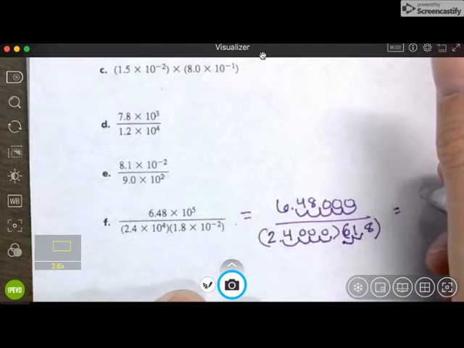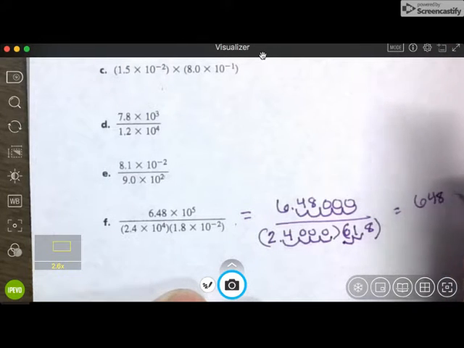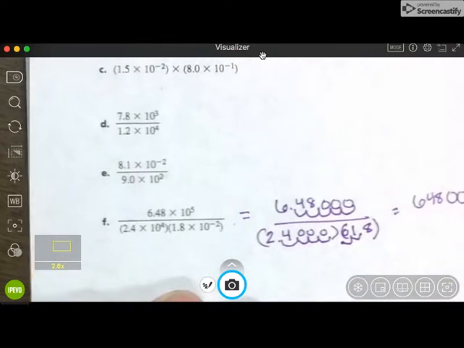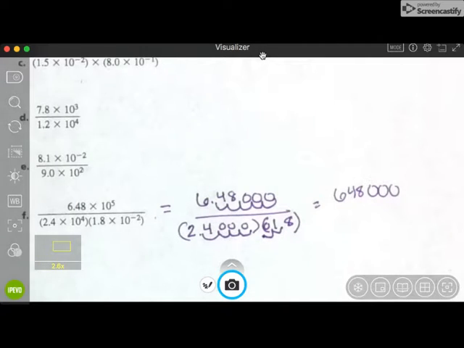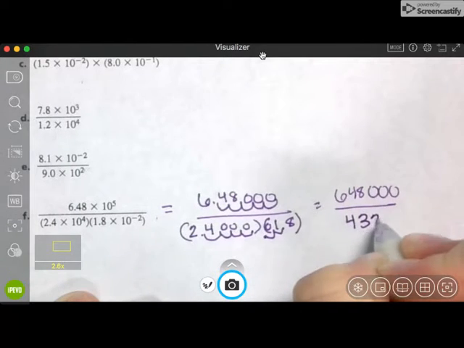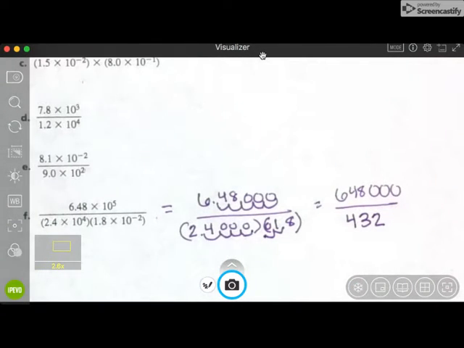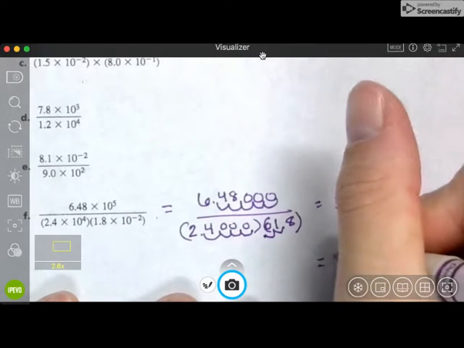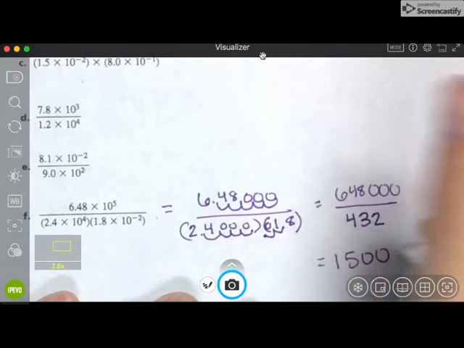Okay, so let's do the bottom first. I'm just going to bring over my 648,000, and then I'm going to do that multiplication on the bottom, that 24,000 times that 0.018, and that gives me 432. I take my 648,000, divide it by that. I end up getting 1,500.